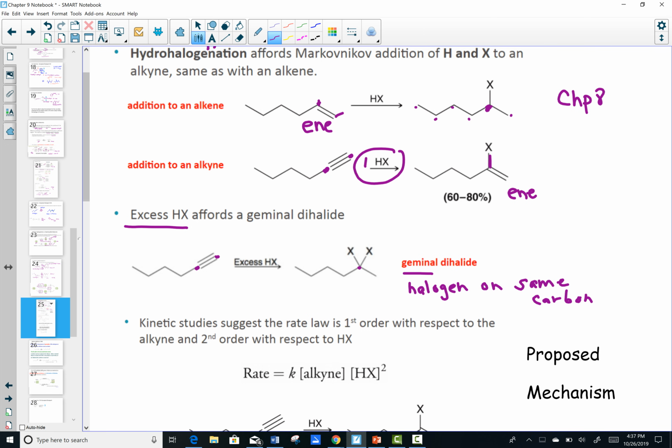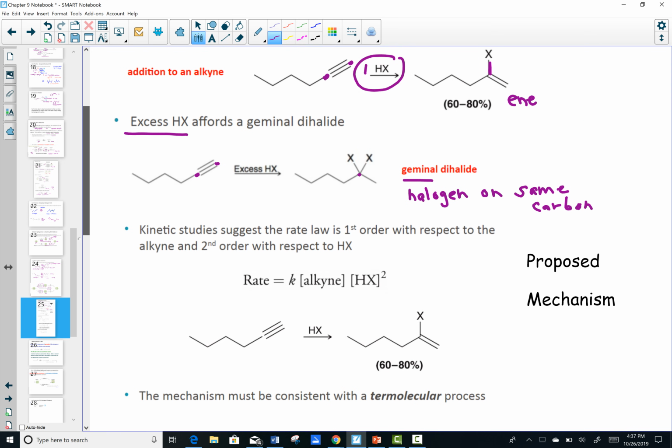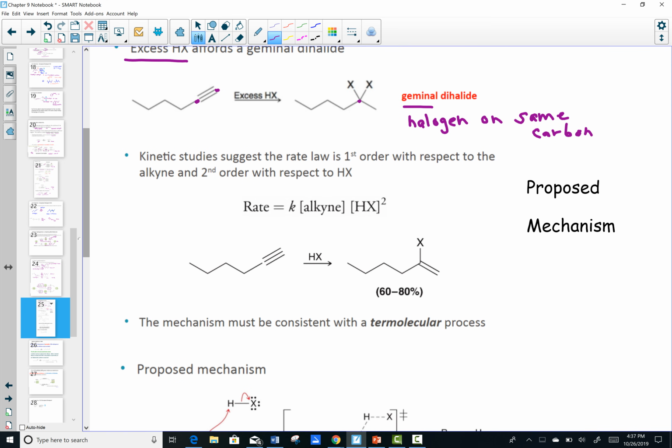So the kinetics really give us an idea of the mechanism for this reaction, and it's very unusual. Probably one of the few times I've ever heard of termolecular kinetics. So termolecular means there must be 3 molecules involved in the collision. And I know that that's extremely difficult to get to work, but this is the mechanism that's proposed to help explain the outcome that we see.